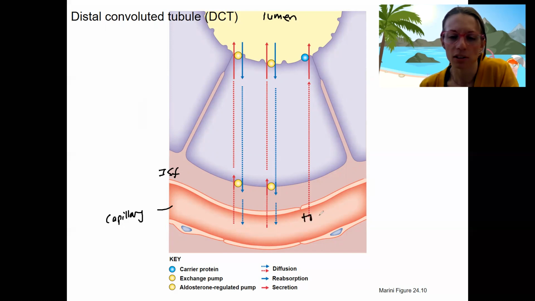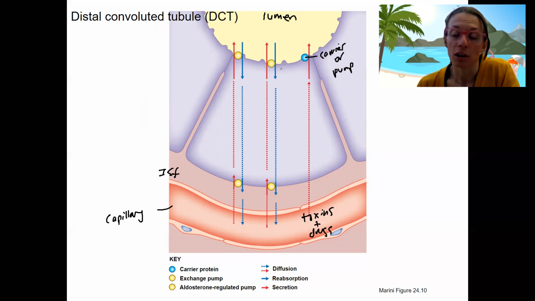Let's start with toxins and drugs. Passive diffusion across this basolateral surface, and then this is going to be either a carrier or pump to secrete these out into the lumen. So we want to get rid of those.